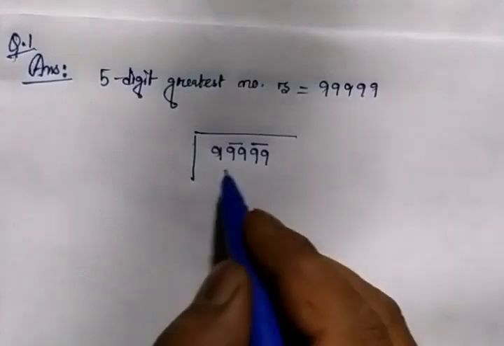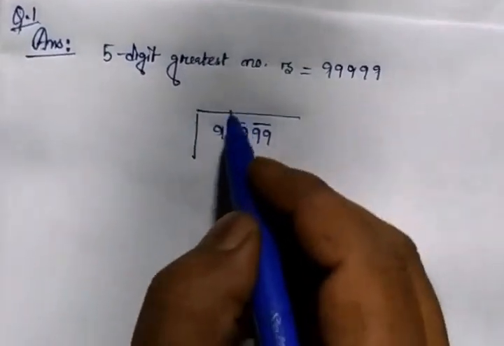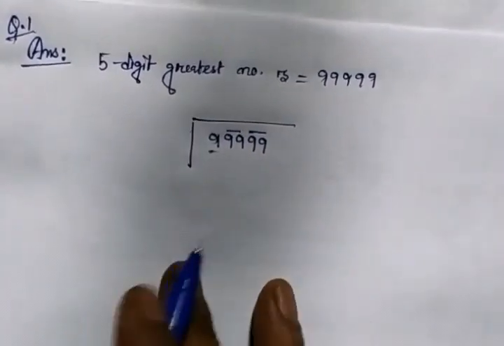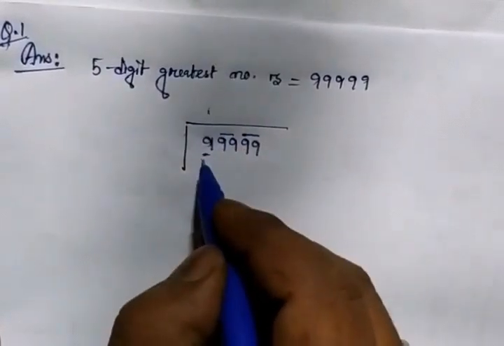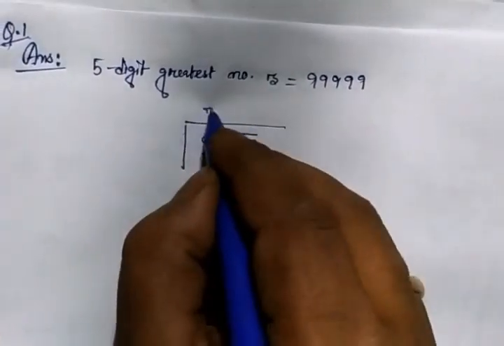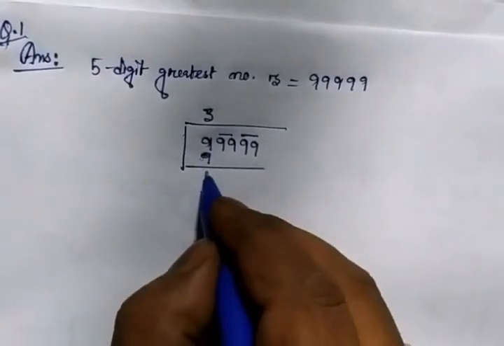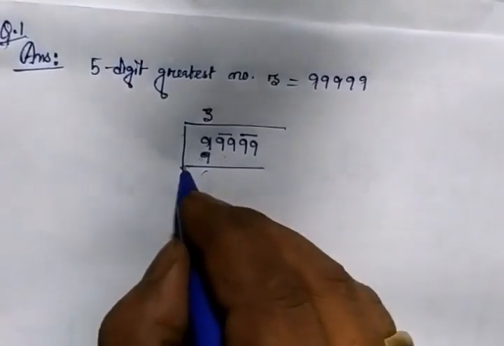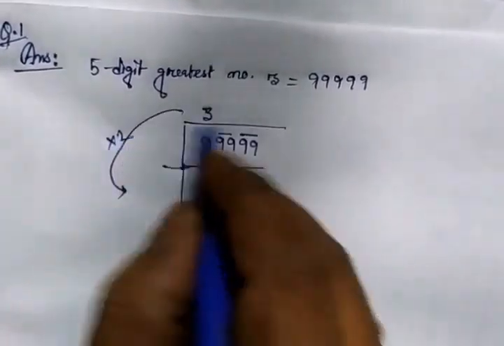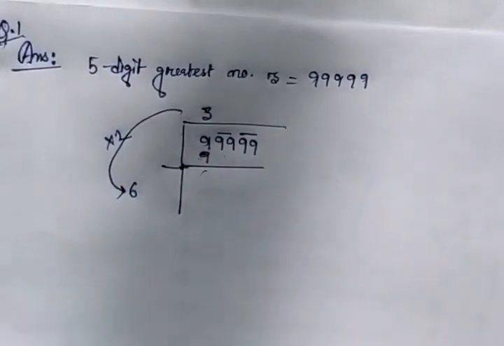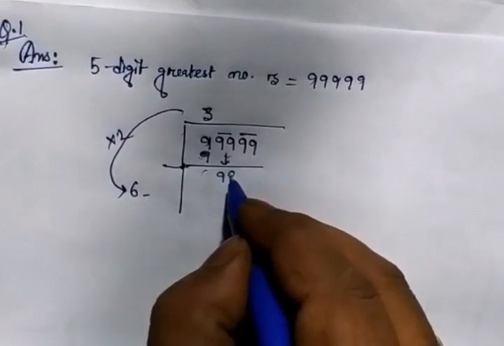First we write a number below the 9. If we take 2, it gives 4; if we take 3, it gives 9; 4 would be bigger. So 3 is perfect. 3 times 3 is 9. We subtract, the answer is 0, no need to write. Then 3 comes here doubled: 3 times 2 is 6, and here one pair goes down, 99.